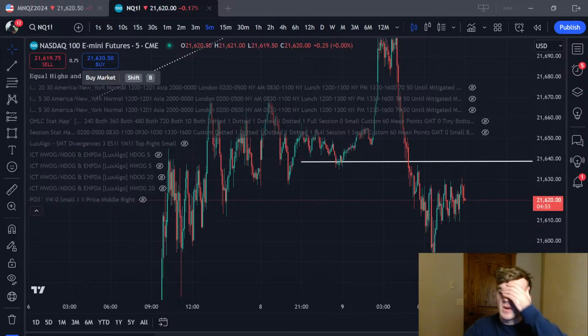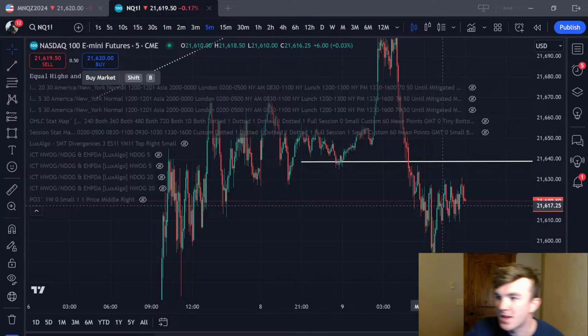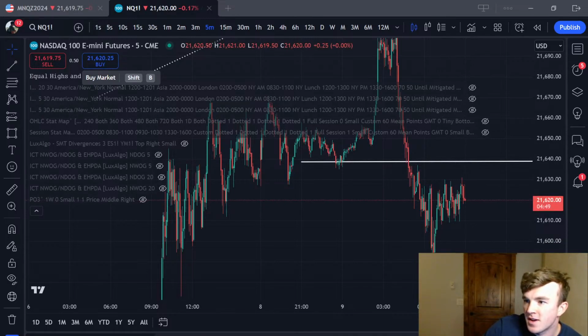I'm gonna have the 1 hour and the 4 hour PO3 candles just on the other screen at all times.